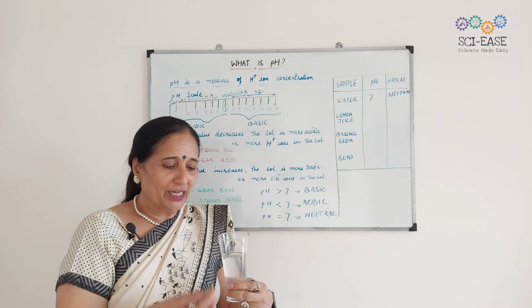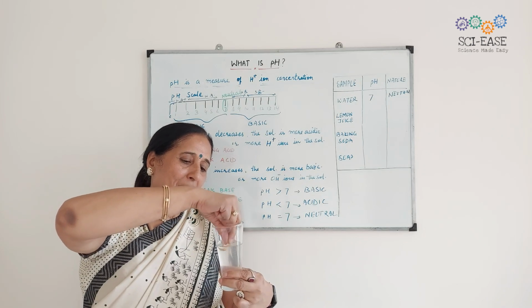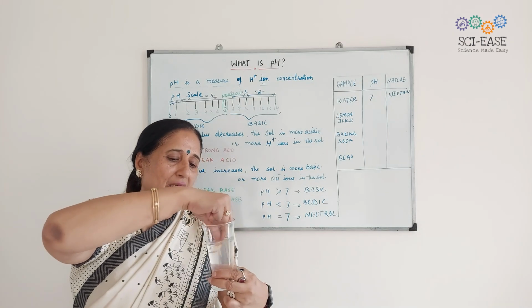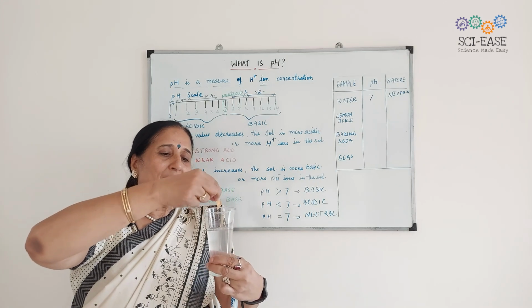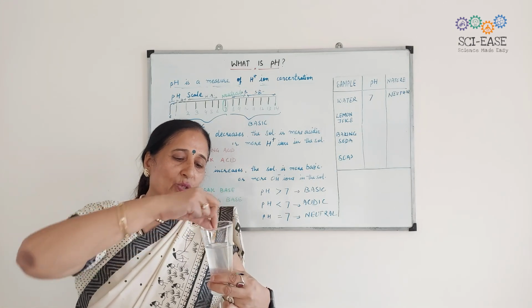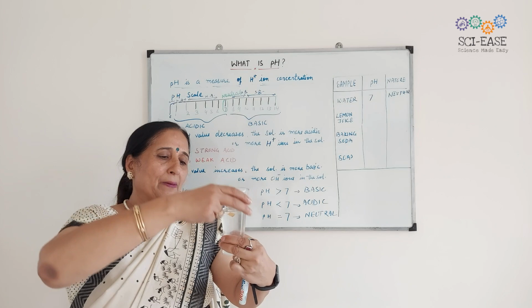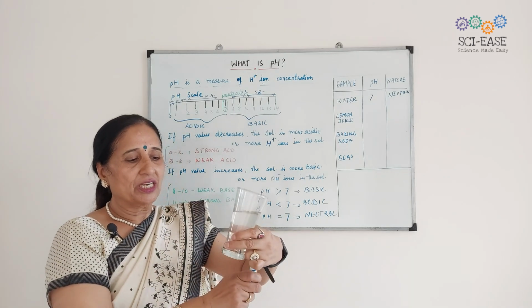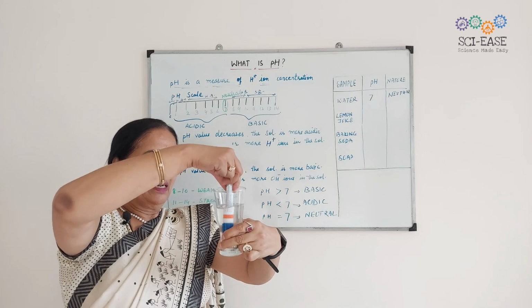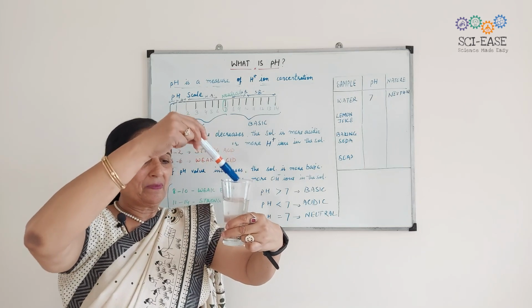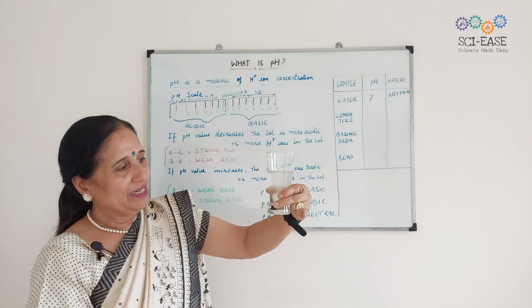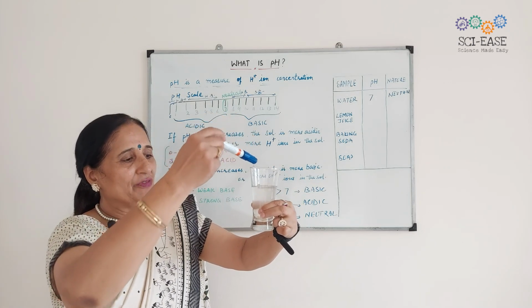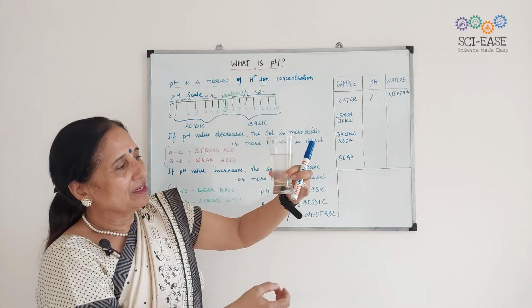So I will put the pH paper in lemon juice. It will change into a slightly pinkish color.